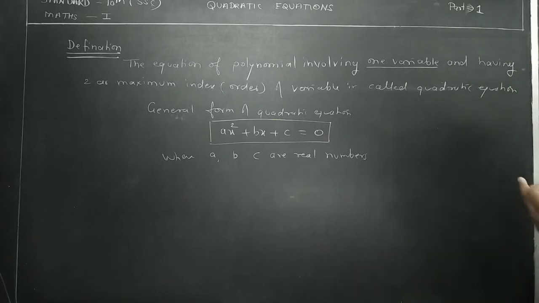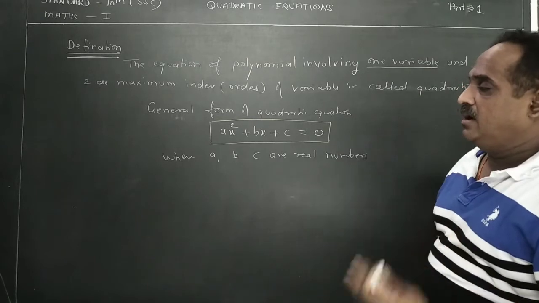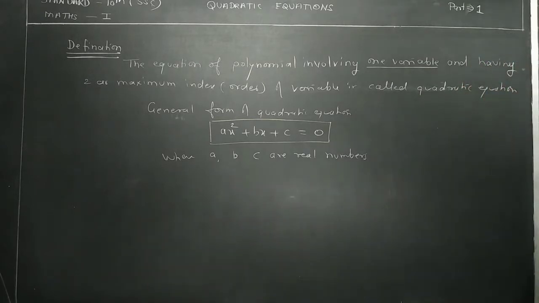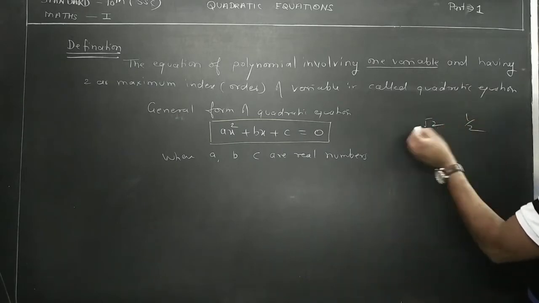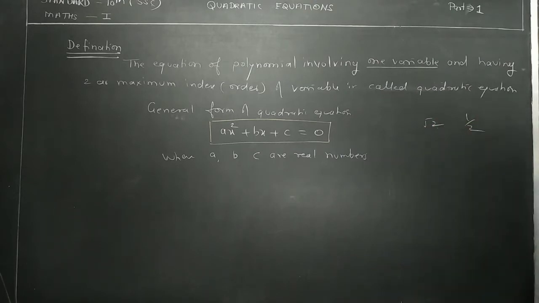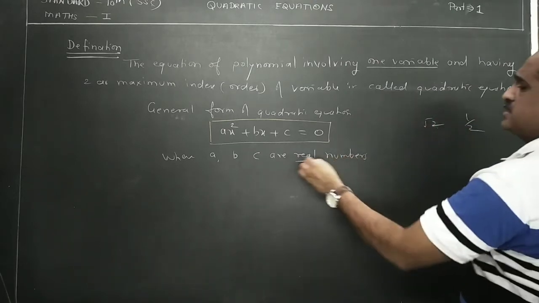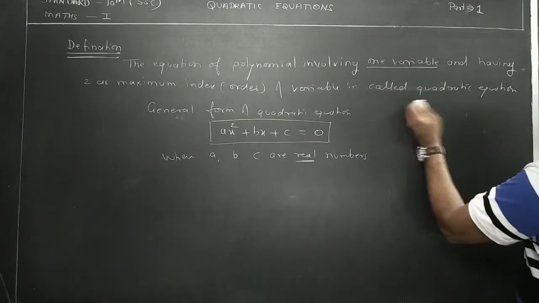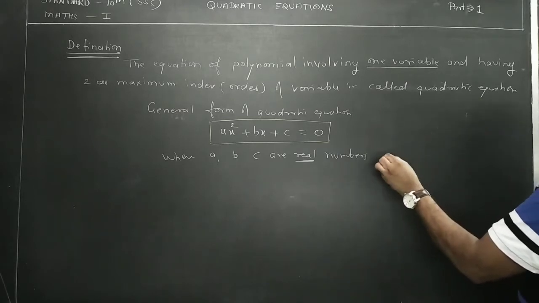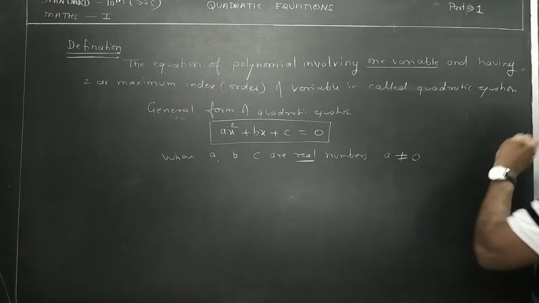Real numbers are all types of numbers like natural, whole, rational numbers, irrational numbers, meaning the values can be fractions like 1/2, or roots, anything is good. But one condition is there: a should not be 0.